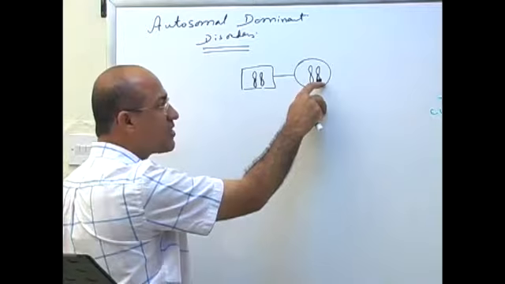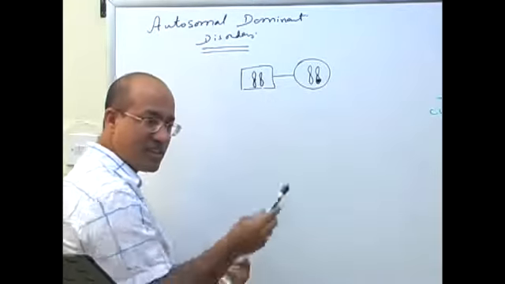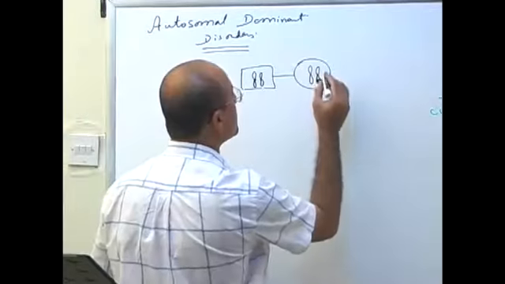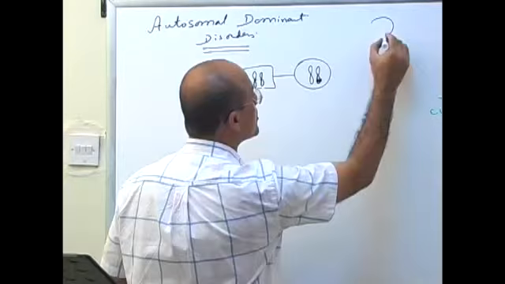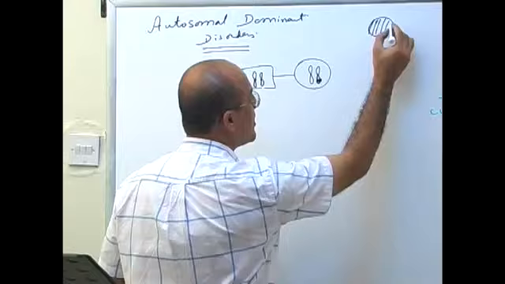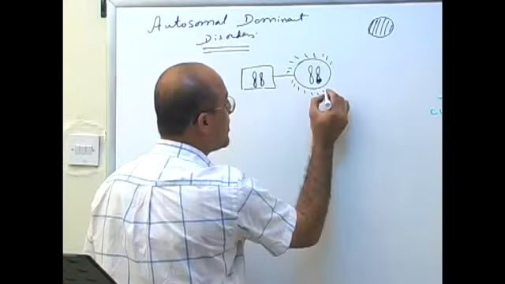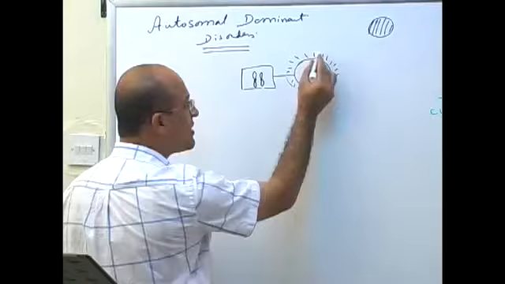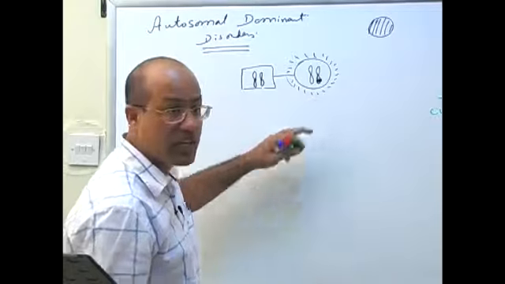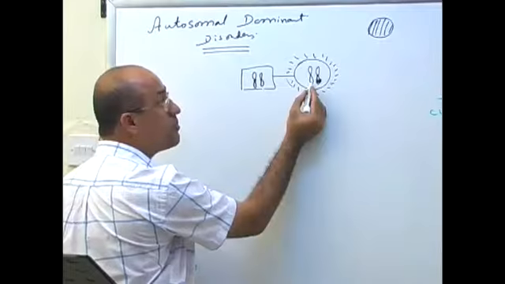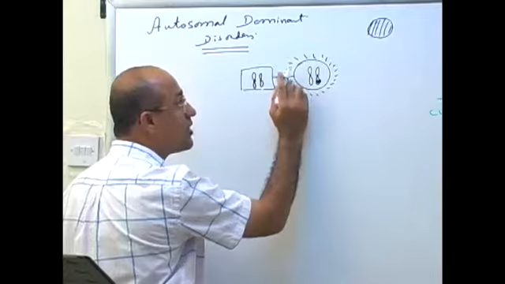Is this person suffering with that disease or not? She is suffering. Now let's suppose a patient who is suffering should be shown like this. But in my diagram, I'm showing like this. This is the patient. When I draw this, it means there is abnormal phenotype. Here abnormal genotype is leading to abnormal phenotype.